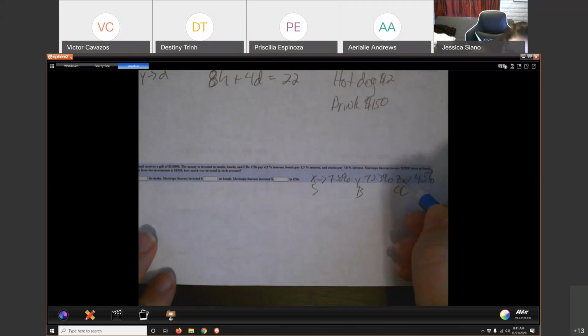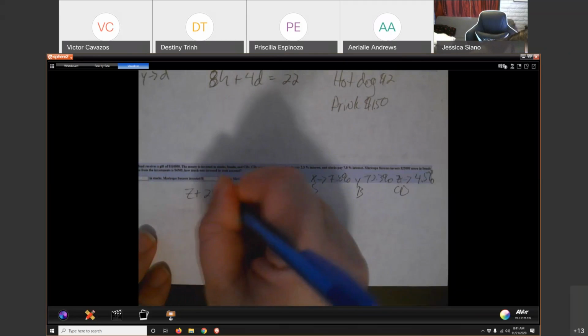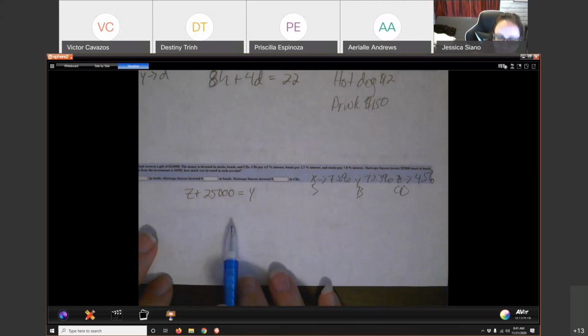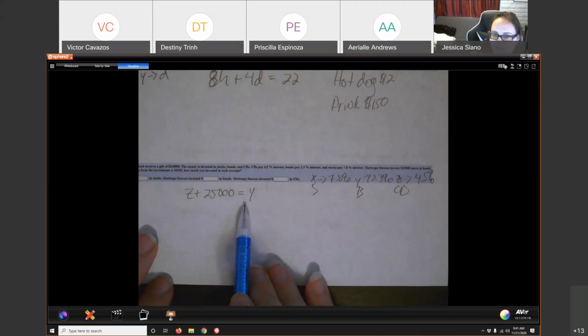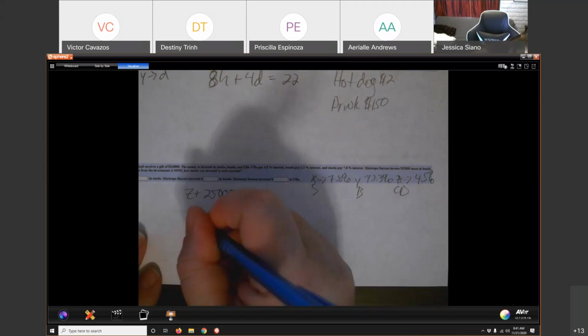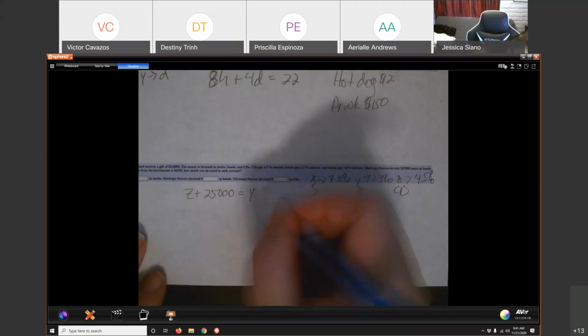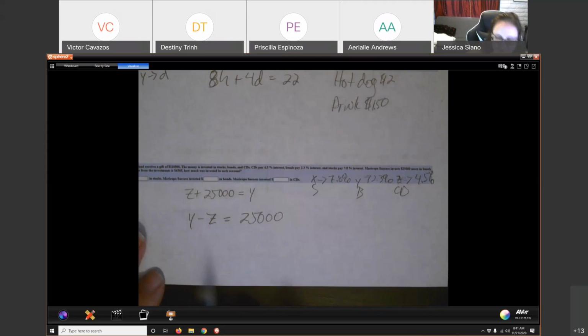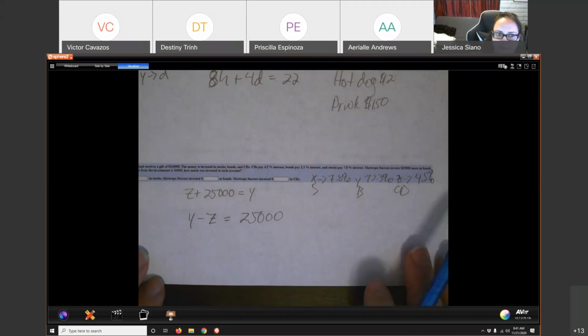If we take Z and we add 25,000, we'll get the bonds. I don't like it like that. So let's make it, if we move the z over, we would have y minus z equals 25,000, which makes sense because if you invested 25,000 more, then the difference between the two should be 25,000.